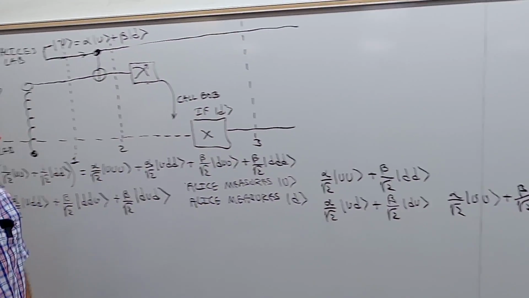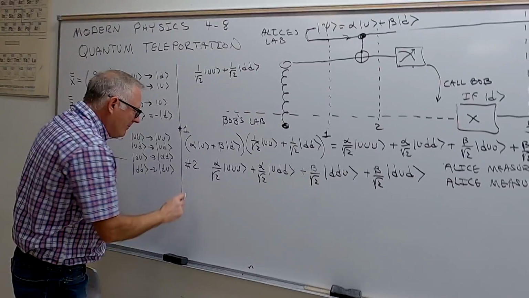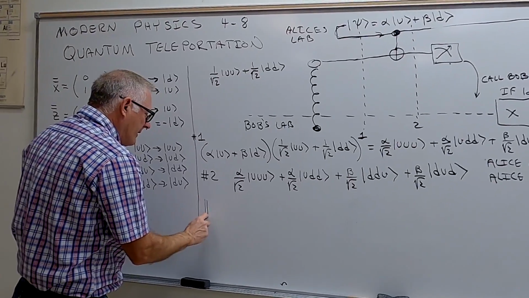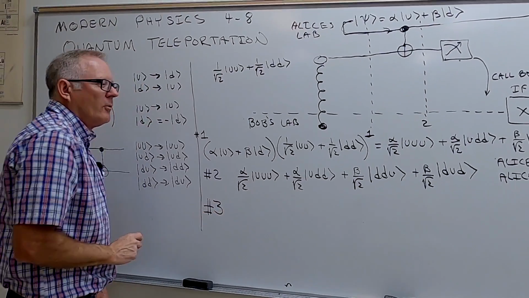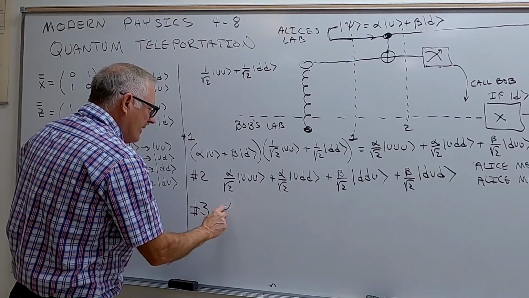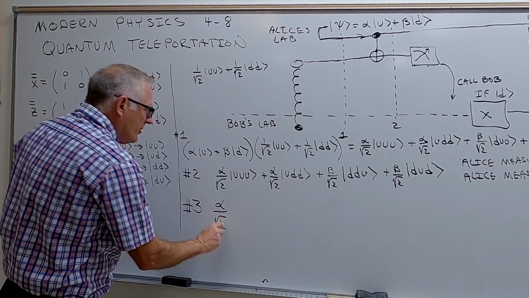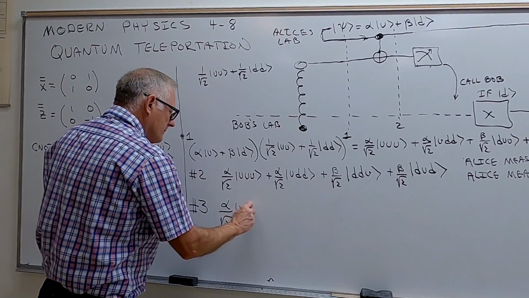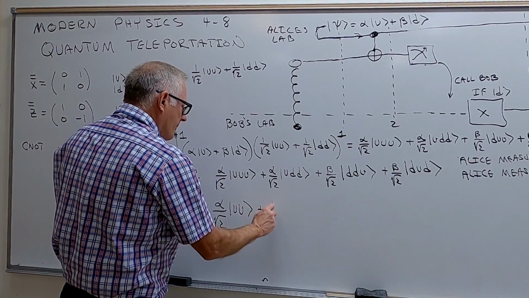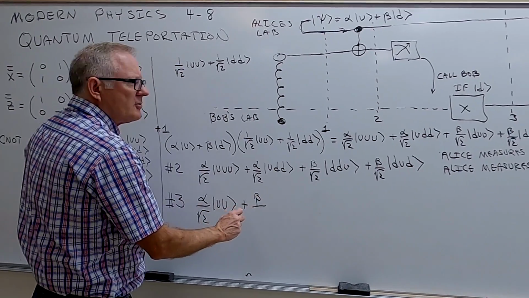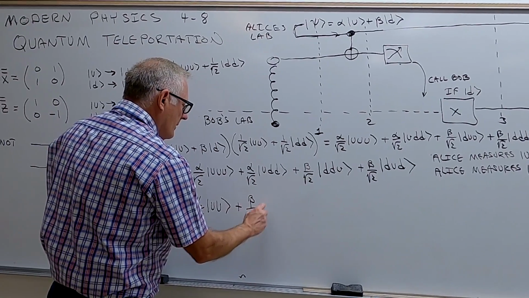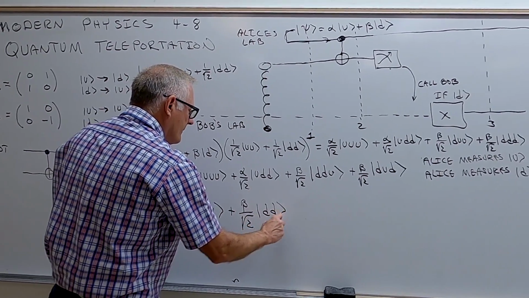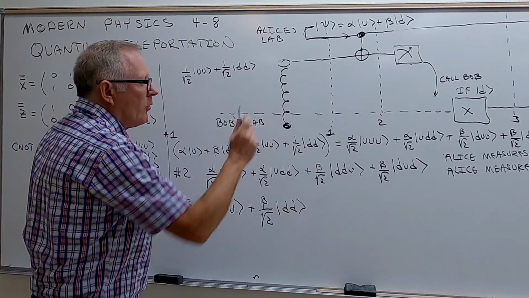So now we're back to the same thing for number 3 right here. We know what the state is. It's alpha over the square root of 2, up, plus beta over the square root of 2, down. Okay, so that's what it is at that point, number 3.